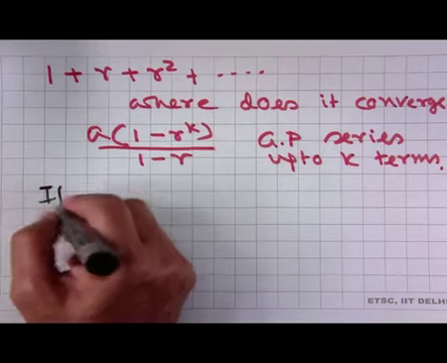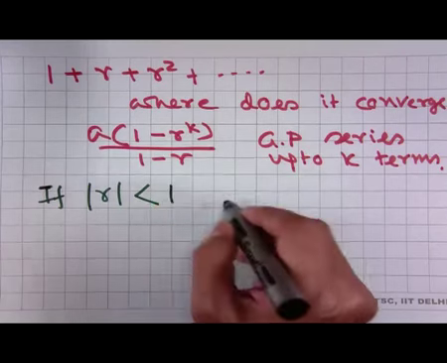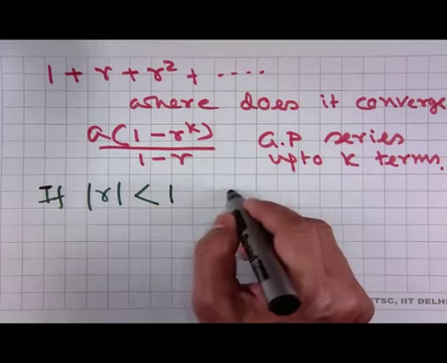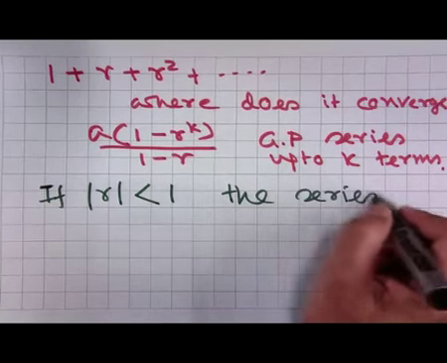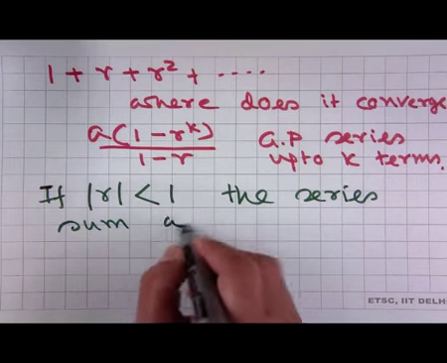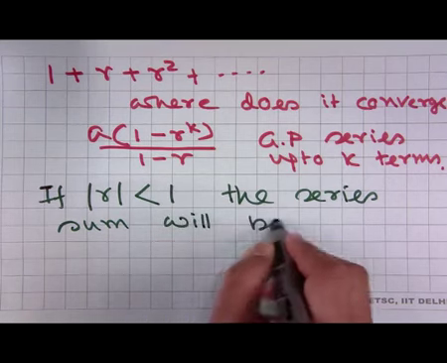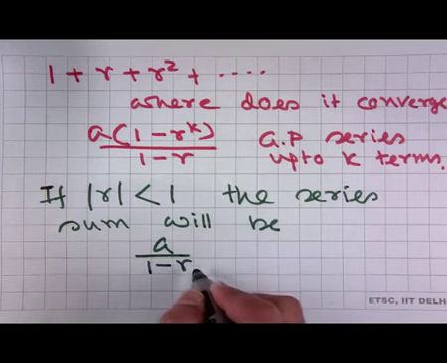If modulus of r is less than 1, this will sum up to a upon 1 minus r.